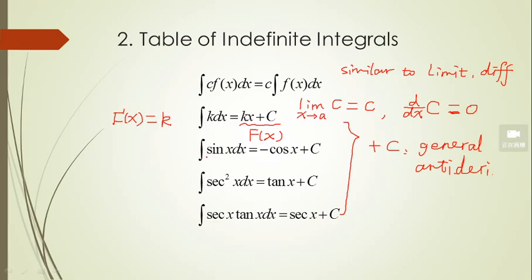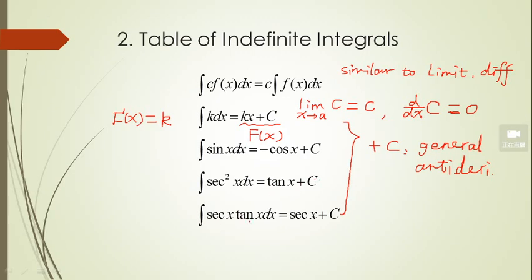Now sine x, which function gives it as its derivative? Minus cosine plus c, right? Plus the constant. Secant squared, which function's derivative gives secant squared? Tangent x plus constant c.